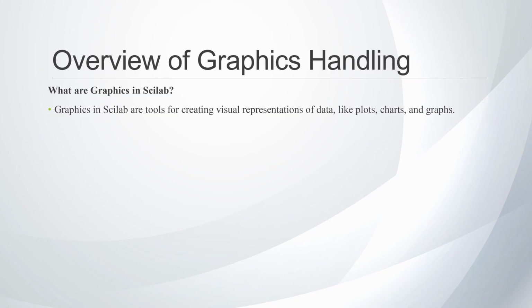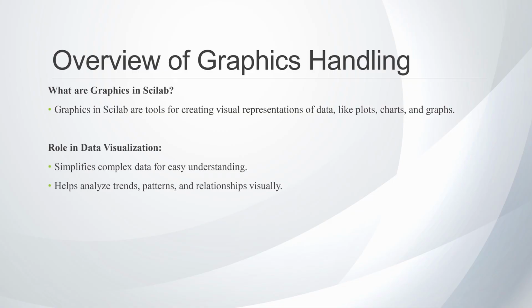Graphics in Scilab are tools that help us create visual representations such as plots, charts, and graphs. These visuals make complex data easy to understand and allow us to analyze trends and patterns more effectively.